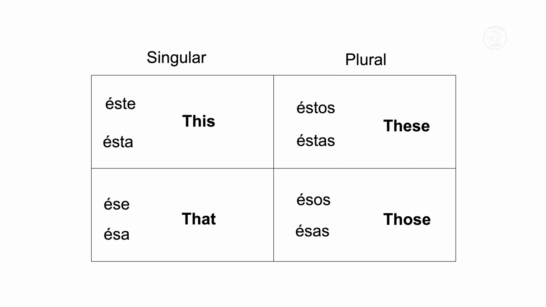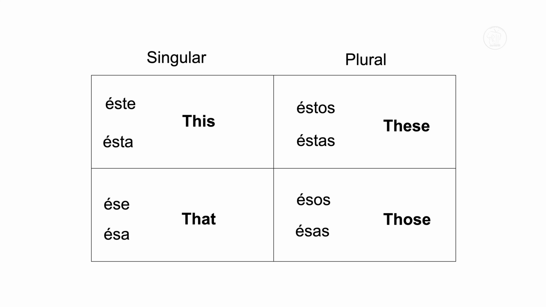Now let's look at the plural forms. The plural for este, which means this, is estos. Estos is plural and it's used when referring to masculine things. Estas is the plural of esta. Estas is used when referring to feminine nouns.